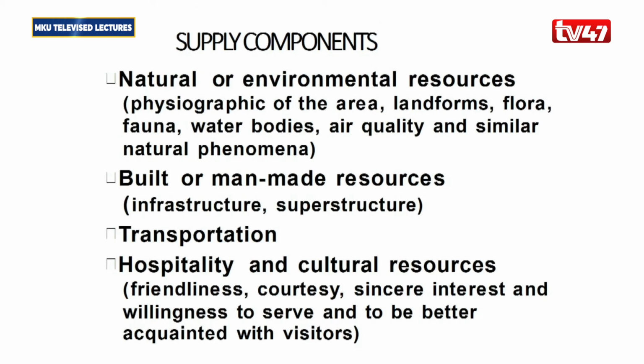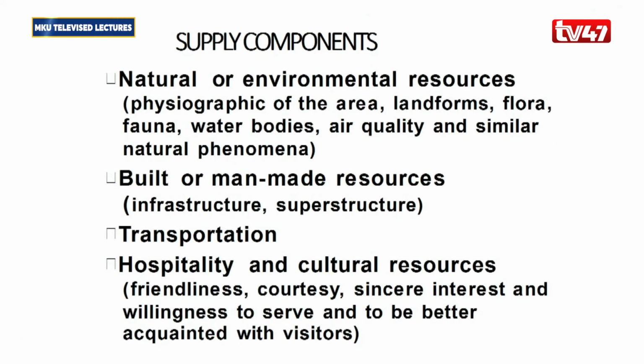But besides that component, we also have the built or man-made resources, that which are being provided within the destination. Things like transport and the superstructure, all those are part of the built or man-made resources. Then we talked about transportation, both into the destination and within the destination.